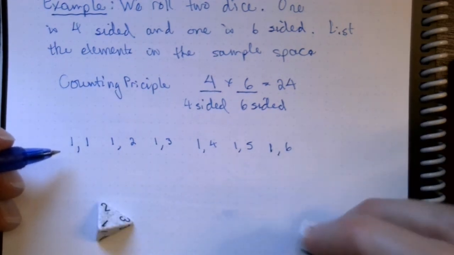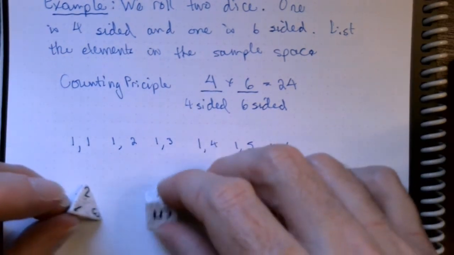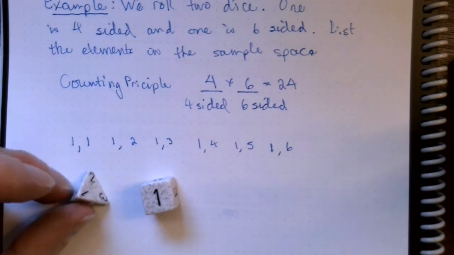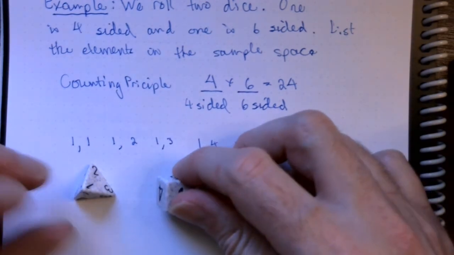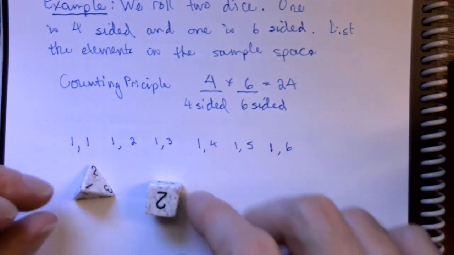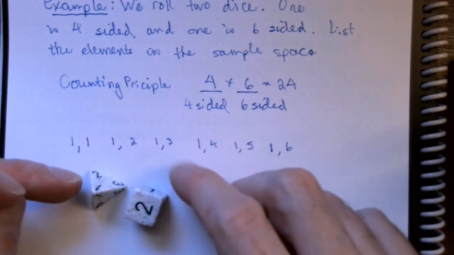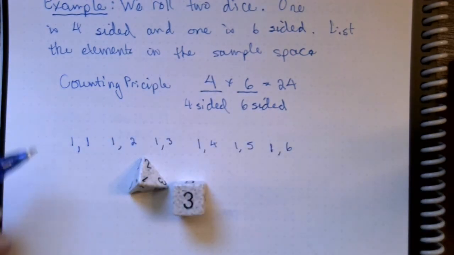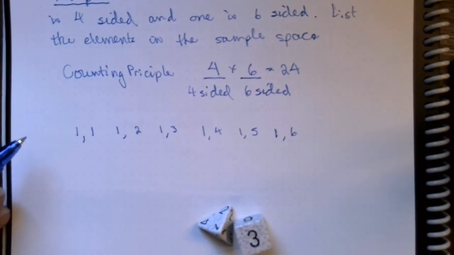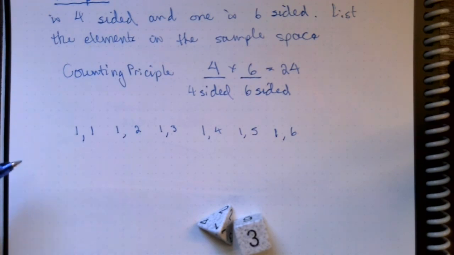So you could have a 1 and a 1, like that. You could have a 1 and a 2, which would be represented right there. You could have 1 and 3, and so on down the line. Okay? So we can just fill out the rest of the table in this way to get our list.